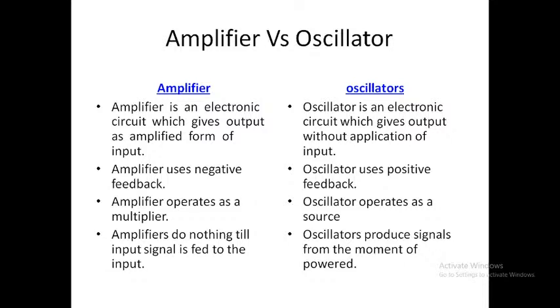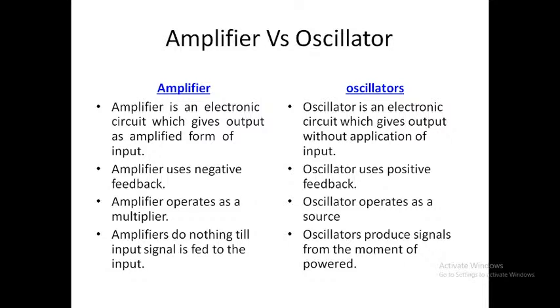Next, an amplifier uses negative feedback, whereas an oscillator uses positive feedback. The next comparison is that an amplifier operates as a multiplier. It multiplies the signal, but an oscillator operates as a source, that is, a generator.